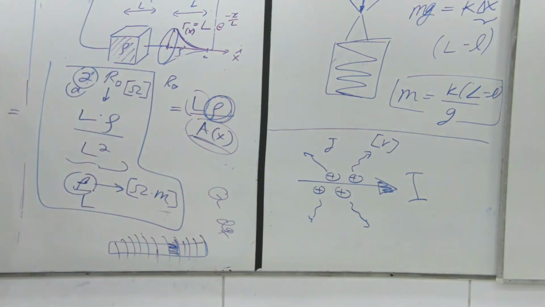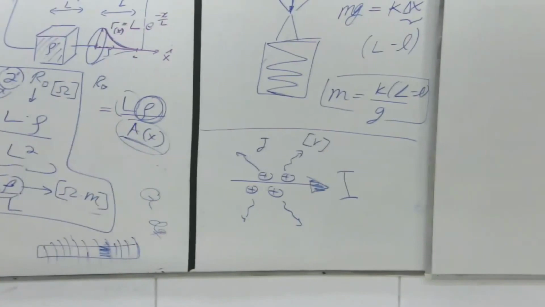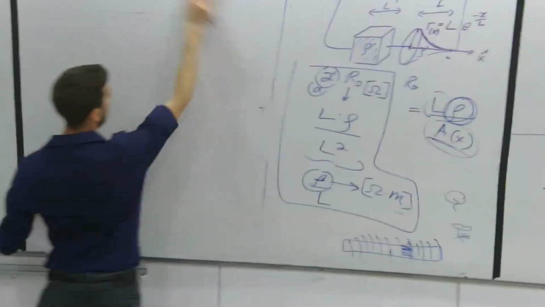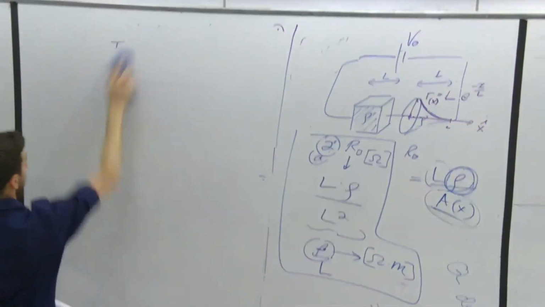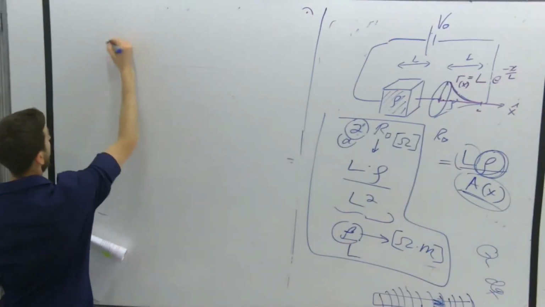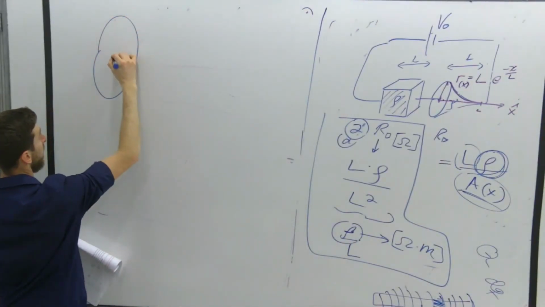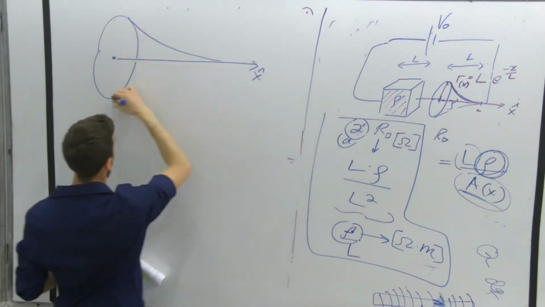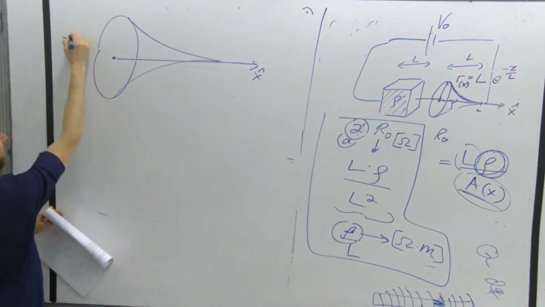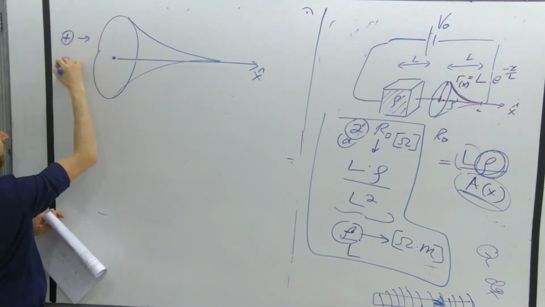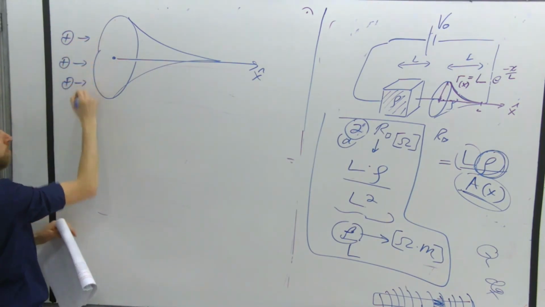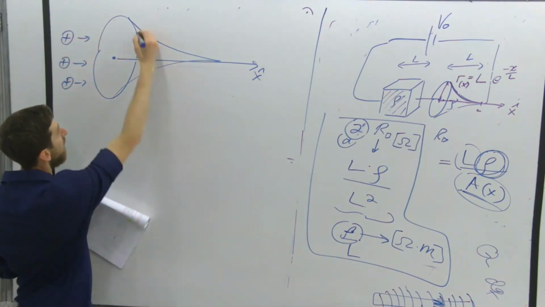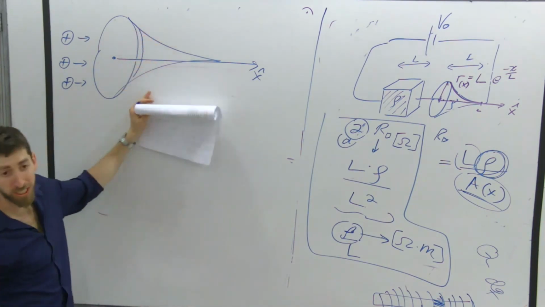Perfect. So I'm going back to this board. Let's do only the cone. So here's the cone, and this we said is x. And you see that the charge is actually coming to it. They say, oh, I'm so lucky, I have so much space, I like to be here, I don't have a lot of resistance.